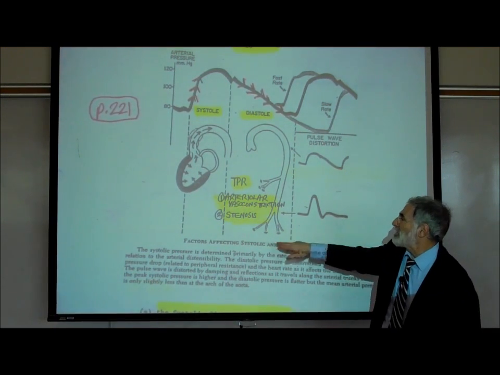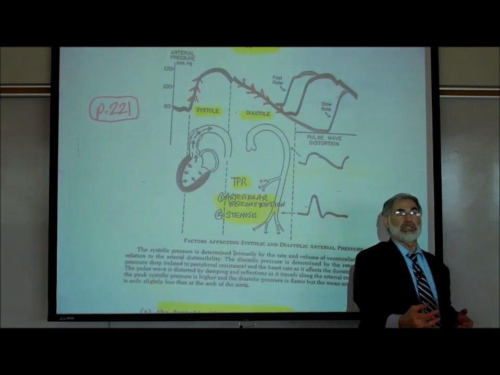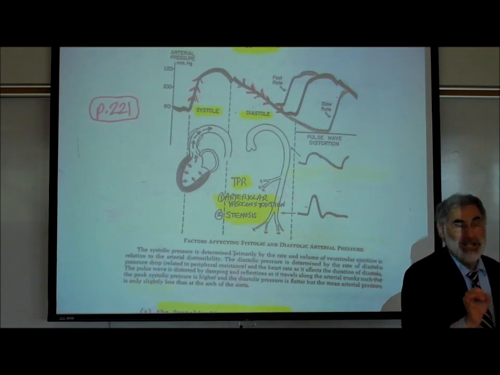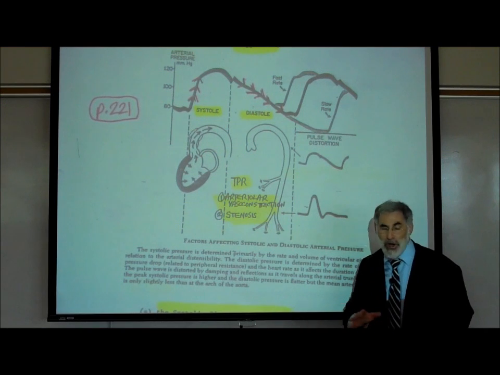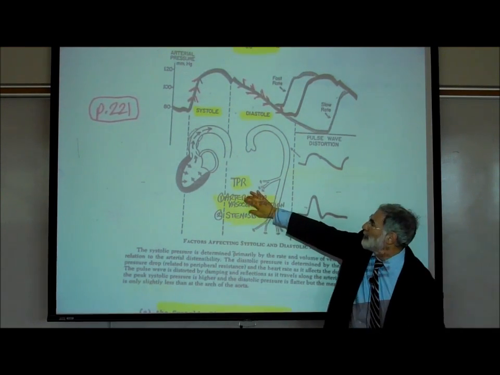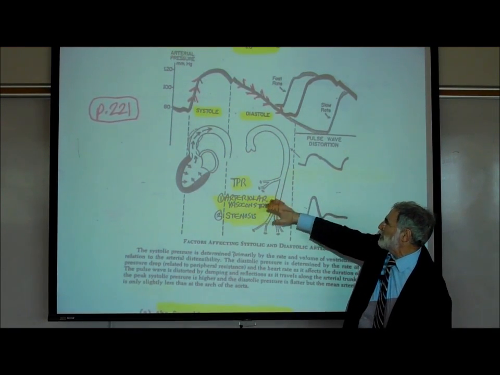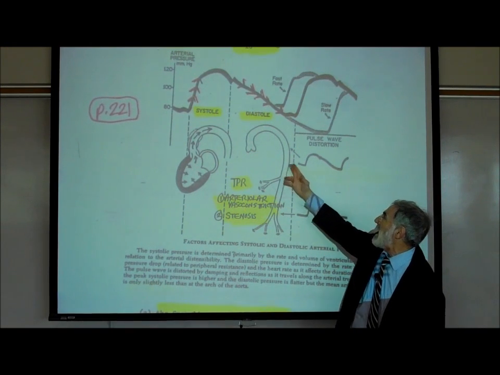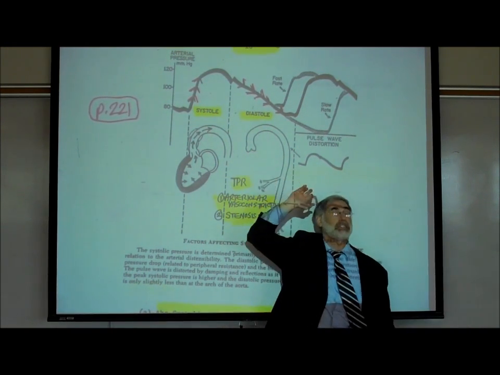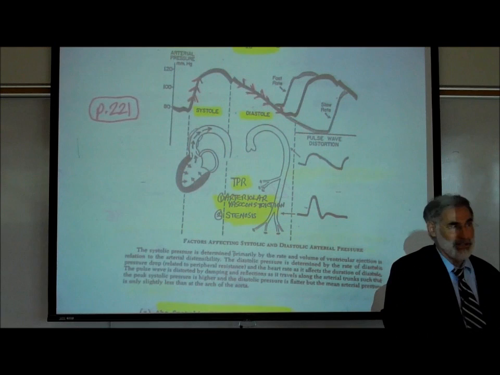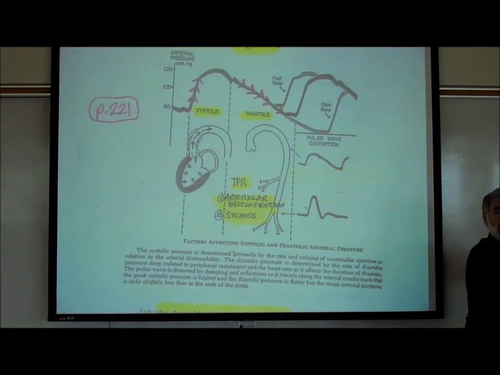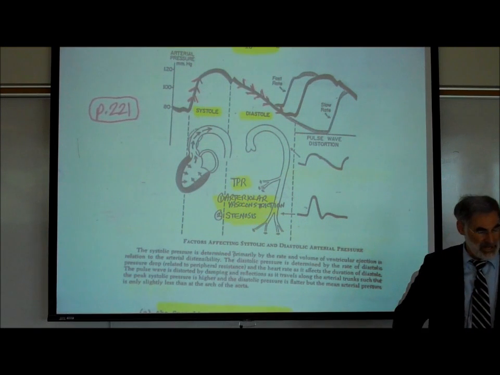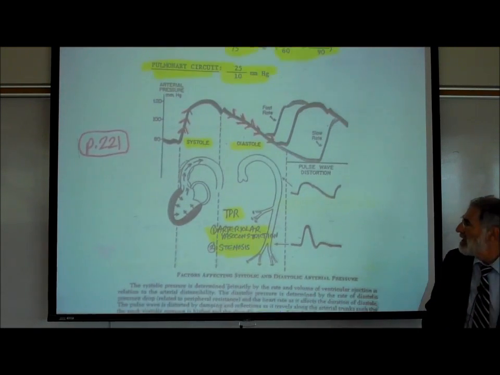The second factor was the degree of stenosis, clogging up of our arteries by atherosclerotic plaque. So if you have overall arteriolar vasoconstriction or atherosclerosis, that raises peripheral resistance, and that especially raises the diastolic arterial blood pressure. That's also called the afterload. It makes it harder for the ventricle to eject blood.